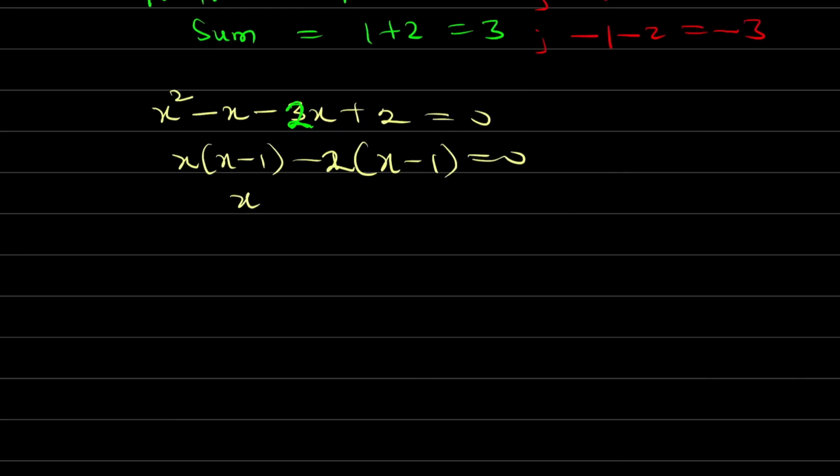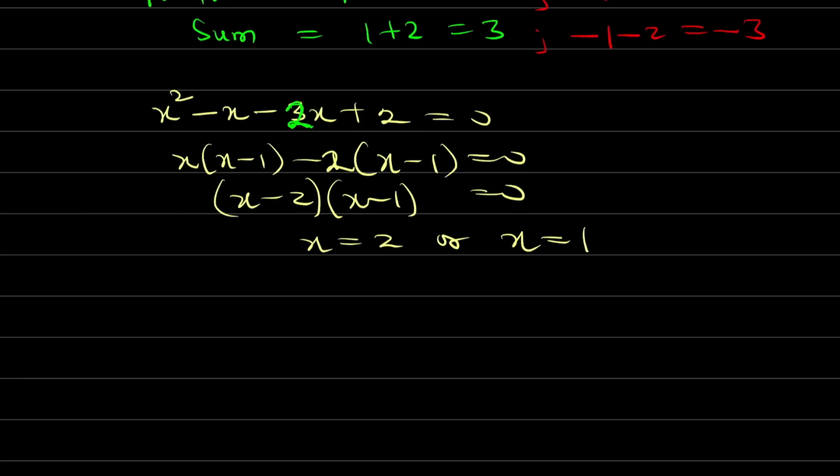At the end of the day, we have x minus 2 into x minus 1 is equal to 0. x is either equal to 2 or x is equal to 1. And these are the x-intercepts as required.